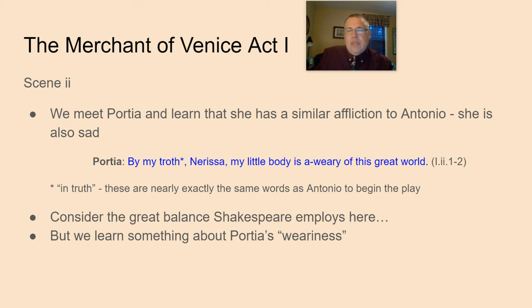By my troth, translate, in truth, just a phrase. And interesting, these are almost exactly the same words that Antonio begins with at the beginning of the play, right? "In sooth, I know not why I am so sad." His first lines. Act One, Scene Two, Portia: "By my troth, my little body's weary of this great world."